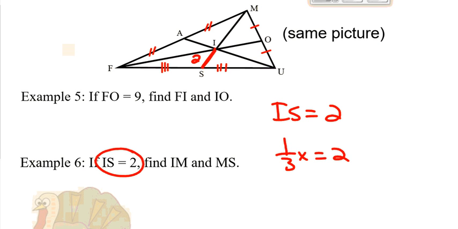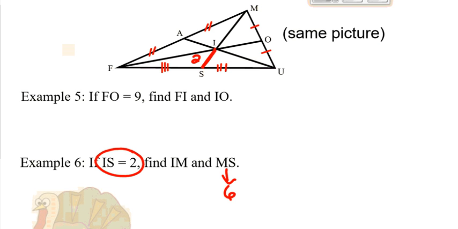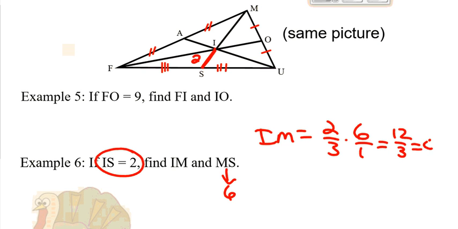If I multiply both sides by 3, that's going to cancel this out, and I end up with x equal to 6. So the whole distance, MS, is equal to 6, and IM has to be 2/3 of that. IM equals 2/3 of 6, which is 12/3, which is 4.